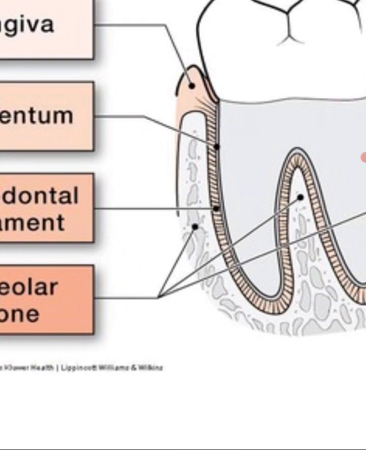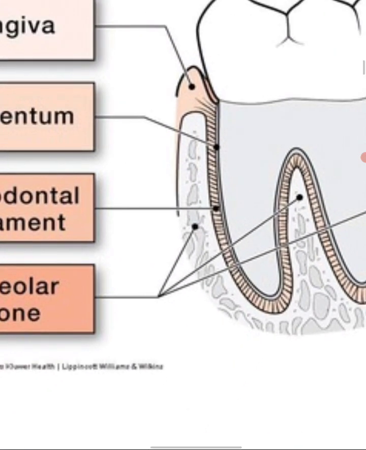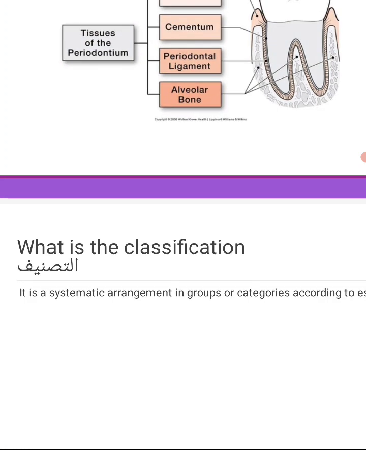And this is soft tissue, while the bone and the cementum are hard tissue. صح؟ Okay, let's go to what classification is.